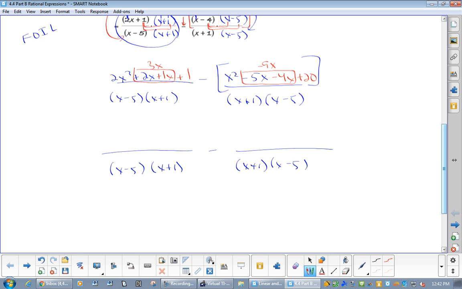So I'm just going to rewrite this top one, 2x squared plus 3x plus 1. And I'm actually going to take time to do that one step. So that would be negative x squared. What would be next? Nope. Positive 9x. Negative 20.